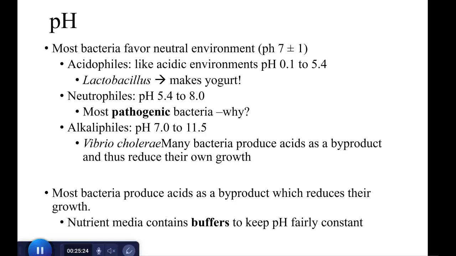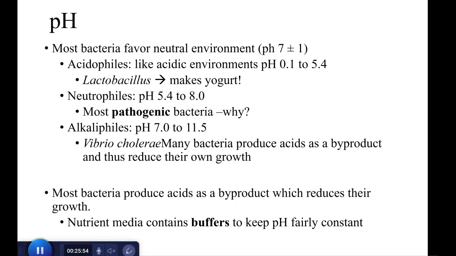Now, the problem with growing alkalophiles in the lab, one of the things that I was mentioning earlier about metabolism, is that as bacteria are growing and metabolizing, a lot of their metabolites are going to be acidic. So what happens with these alkalophiles, if we're trying to grow them in lab, is that because of their metabolic byproducts, they end up turning their environment acidic and they end up killing themselves off.